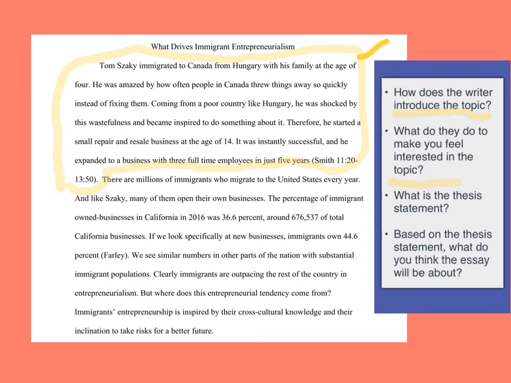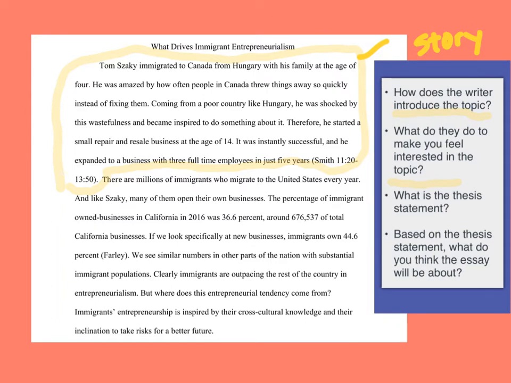They're doing it with a story. The story about Tom coming to Canada and how he opened his own business. So it's really getting the reader warmed up and thinking about immigrants opening their own businesses. And the story automatically draws you in and gets you interested.